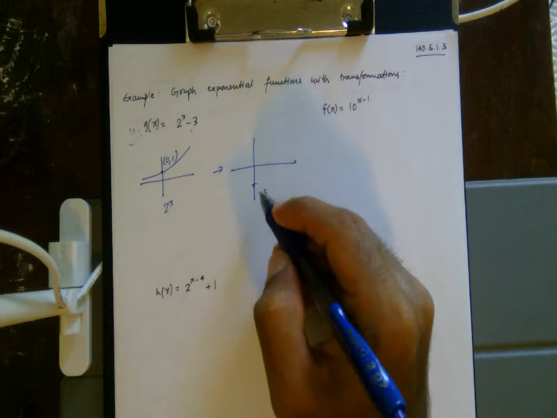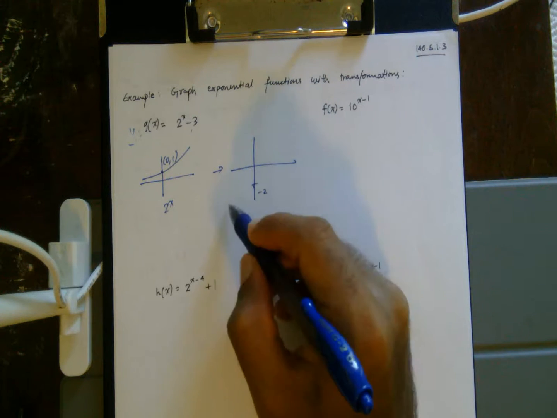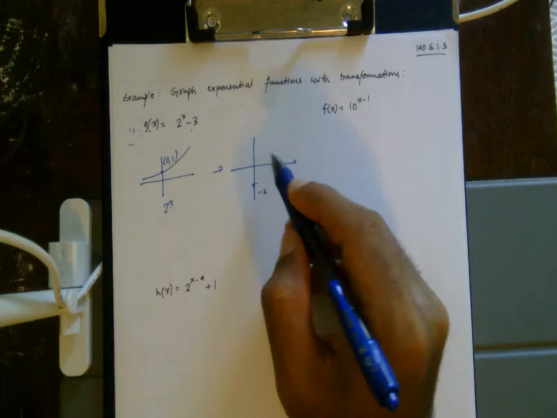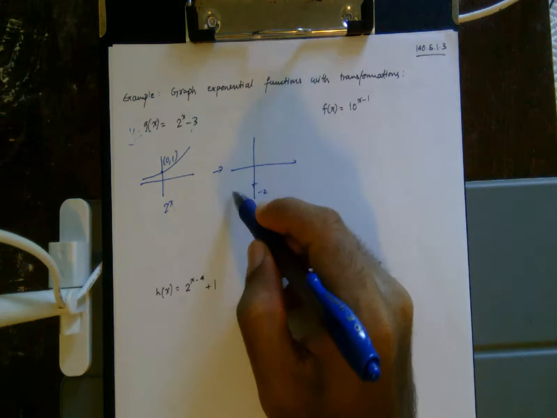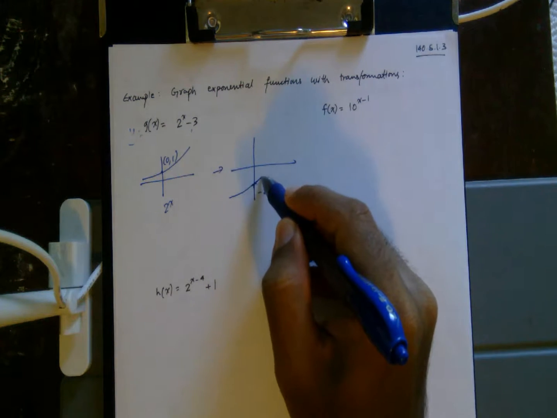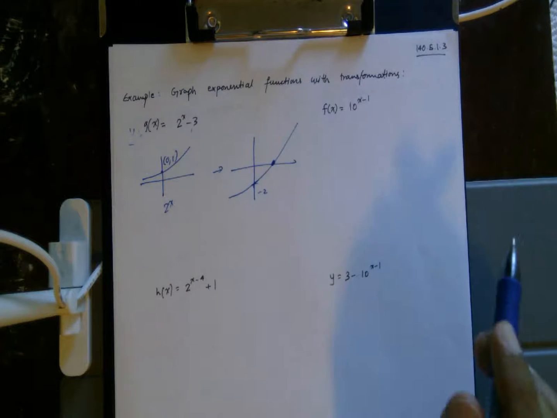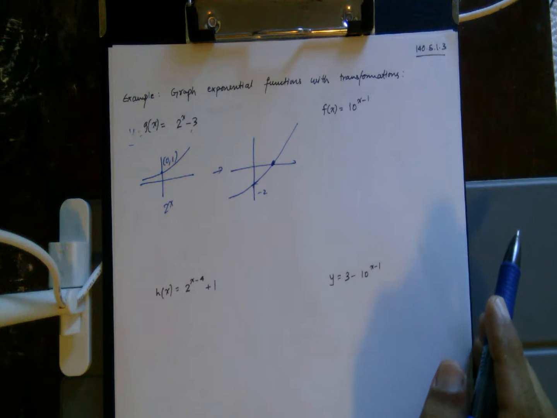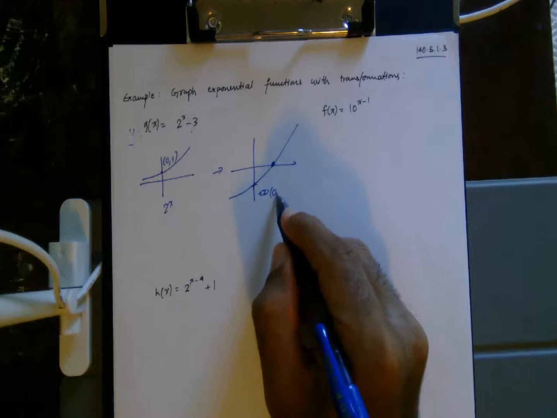But the shape doesn't change, right? And there's going to be some value of x which makes y 0. So it's going to go like that. And this value, we'll see once we go over logarithms that you can find that value. But this point is going to be (0, -2).